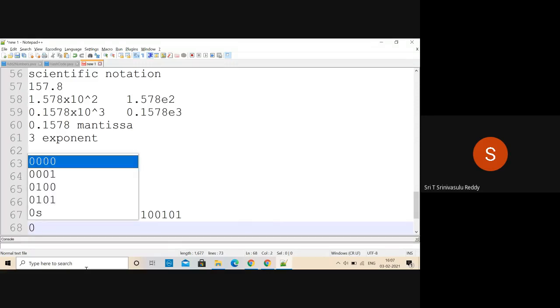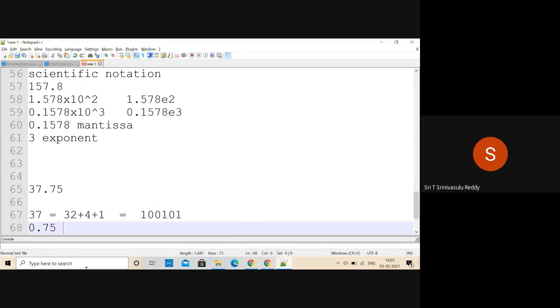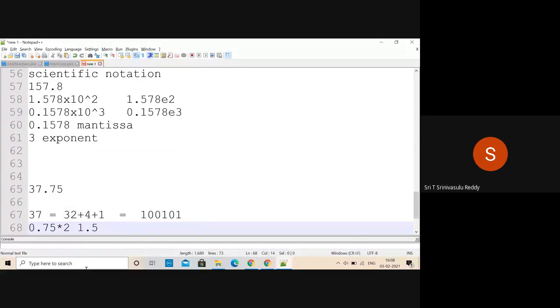And then how do you write 0.75 separately in binary form? This is done by repeatedly multiplying with 2. You multiply 0.75 with 2 and you get 1.5. So that 1 is left here.